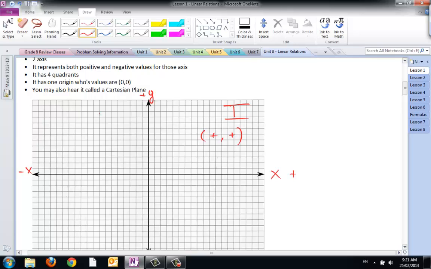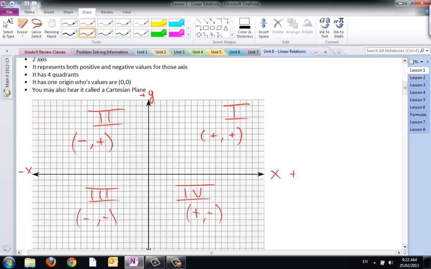As we go counterclockwise, this is quadrant 2, and it represents the negative x and the positive y values on the graph. This is quadrant 3, and it's negative and negative. And this is quadrant 4, and it is positive and negative values of x and y.